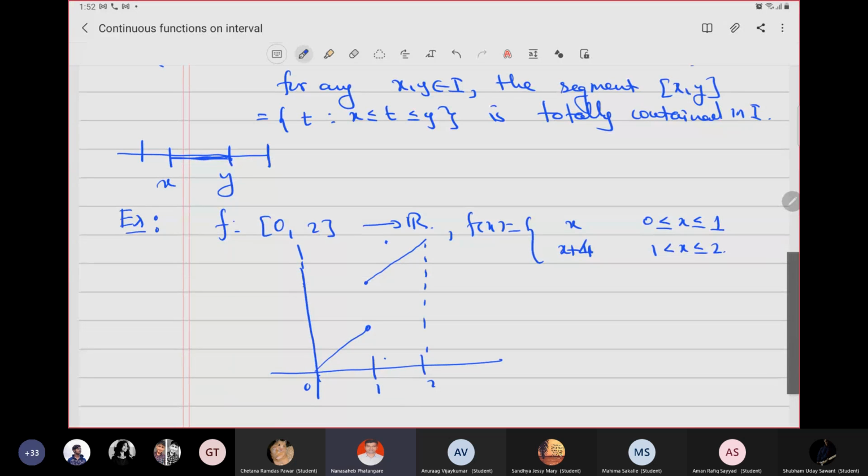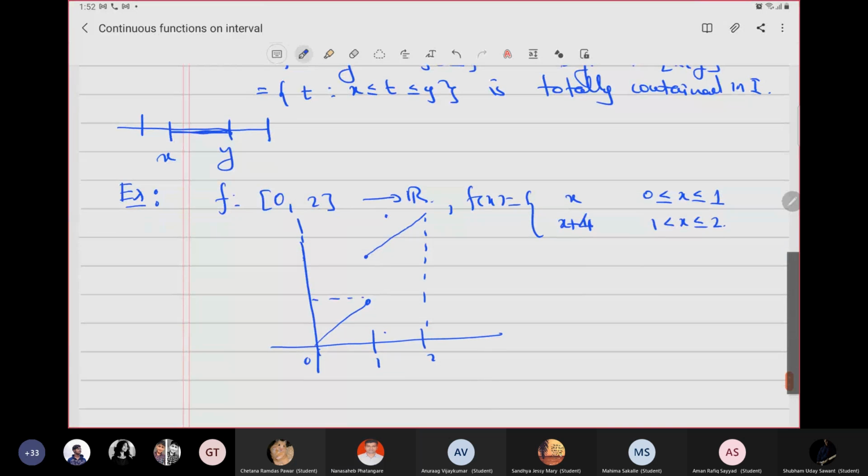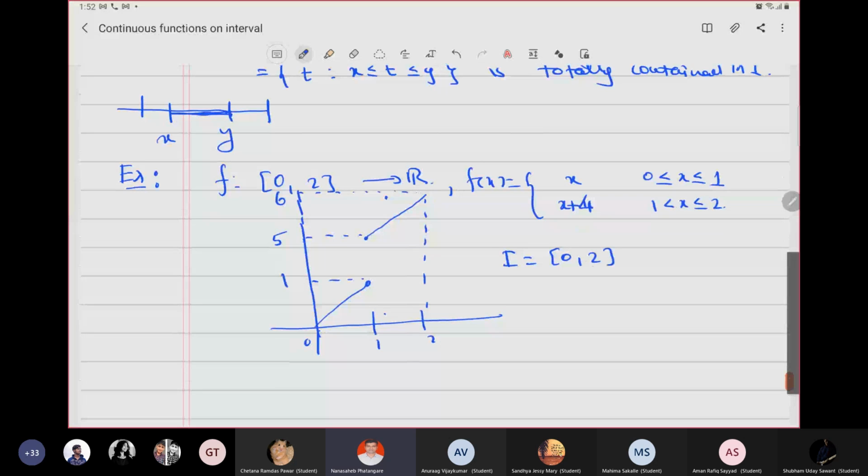Right. So what is my domain here? 0 to 2. Right. Now what is my range f(I)? Can you tell me the range? 0 to 6. Does it contain 3?